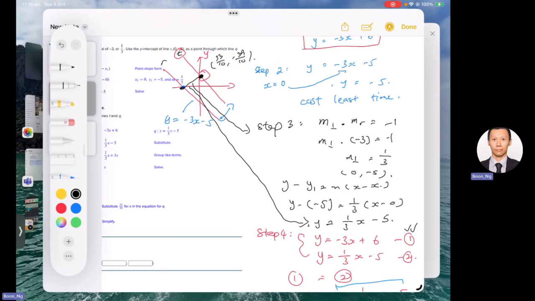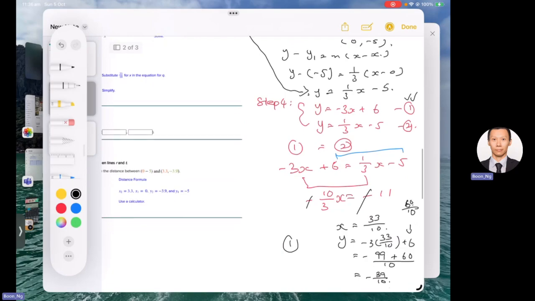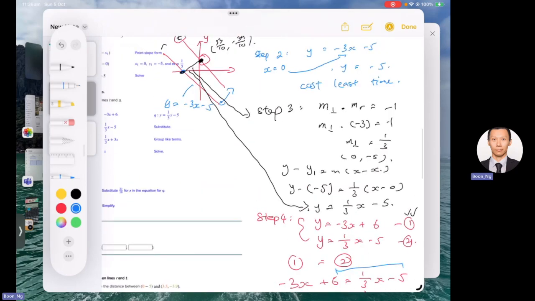Now we know this point. We also know this point. So the last step will be step number 5. Coordinate number one is 0, -5. Coordinate number two is 33 over 10, -39 over 10.